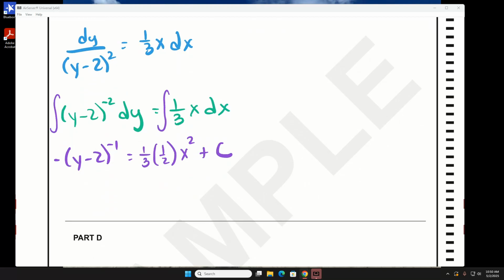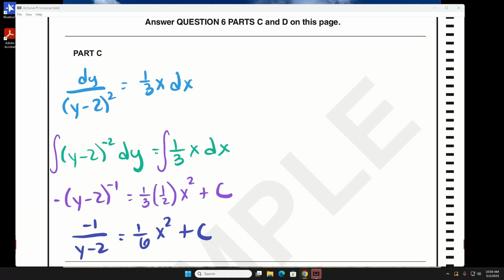Okay. I'm going to clean it up just a little bit, but typically as soon as you get c, it's a good idea to find it. Now that was a little super messy, so I'm going to just make it prettier and easier to plug in the initial condition. All right, so our initial condition was the point (1, 0).